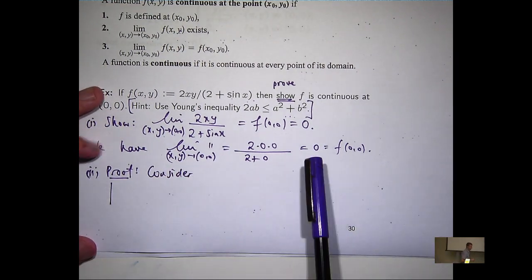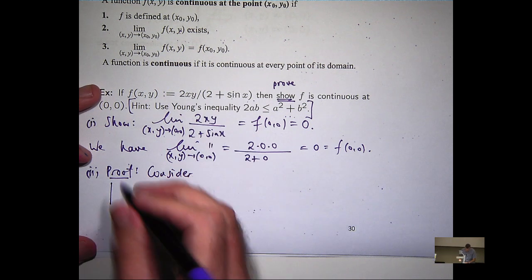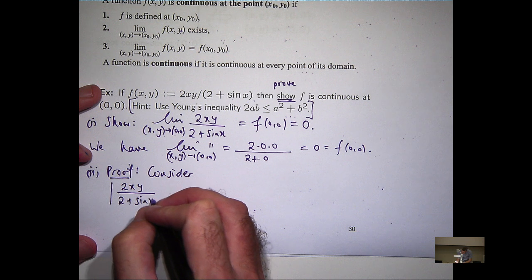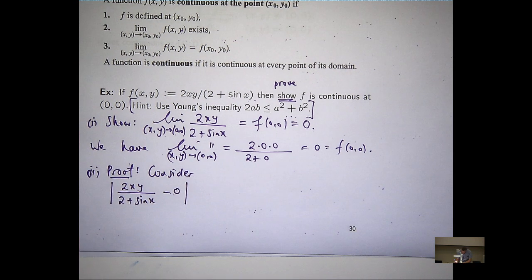So my limit is 0, my function's here. So let's just look at the difference between the function and its limit. Now, that's going to disappear.